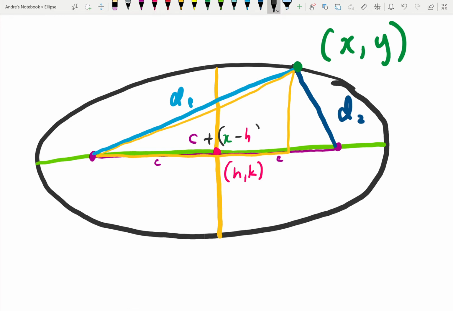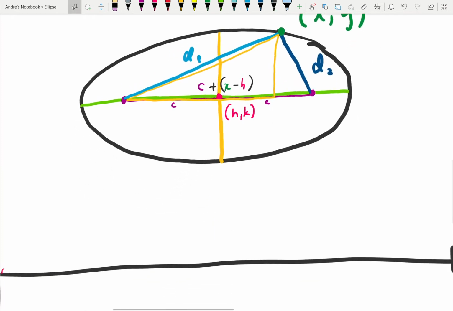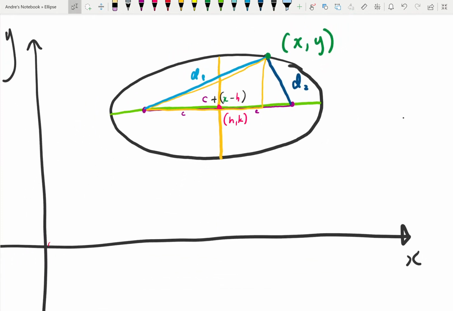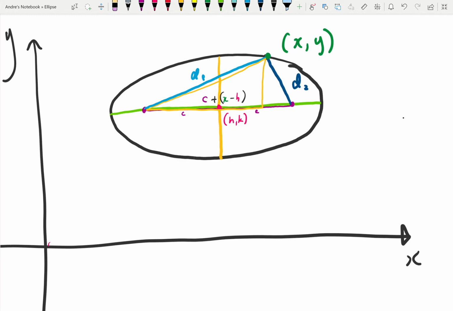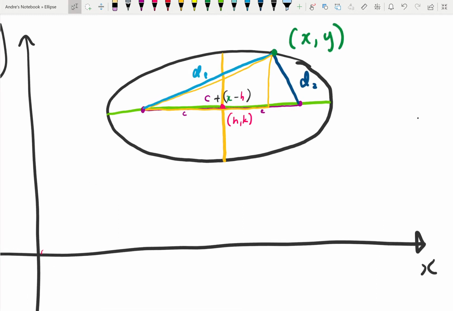And you can see this if we just consider what that length x minus h looks like. The length x is this distance here. The length h is this distance here. And the difference in those lengths clearly will give us that remaining piece of the horizontal side of that right angle triangle. And similarly, the length of the vertical side will just be y minus k.